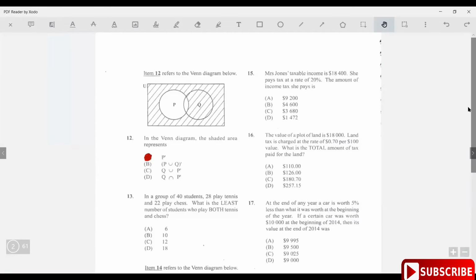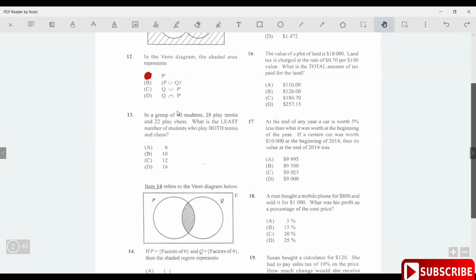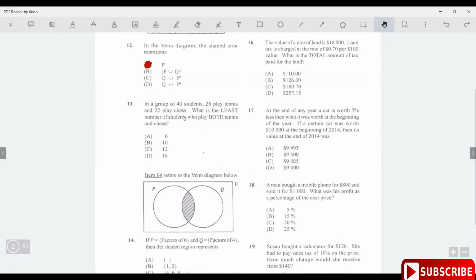Question 13. In a group of 40 students, 28 students play tennis and 22 play chess. What is the least number of students who play both tennis and chess? So if you can't picture what they're saying, sometimes it's good to draw a Venn diagram. So let's picture a Venn diagram right here.